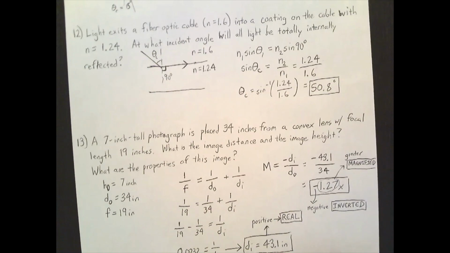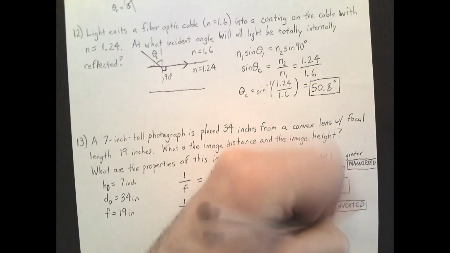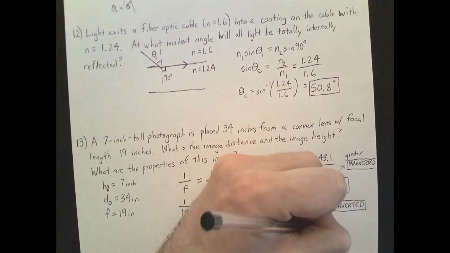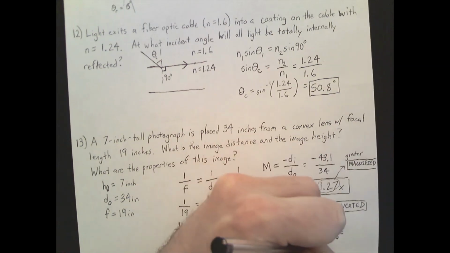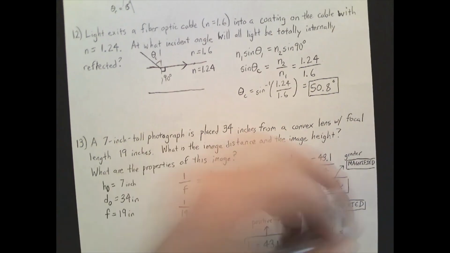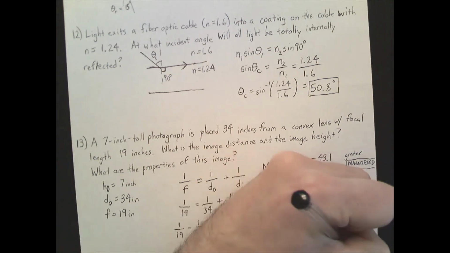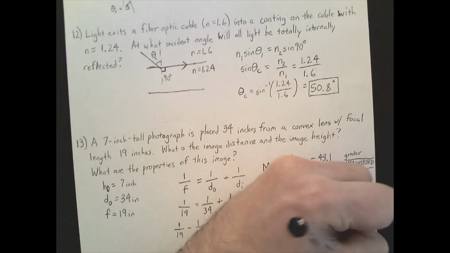We still need to find the image height, and that can simply be done by multiplying by the magnification. It's 1.27 times bigger, so let's take our original height and multiply it by that. We'll get 1.27, we can leave the negative sign on if we want, times 7, and we get a final height of 8.89 inches.